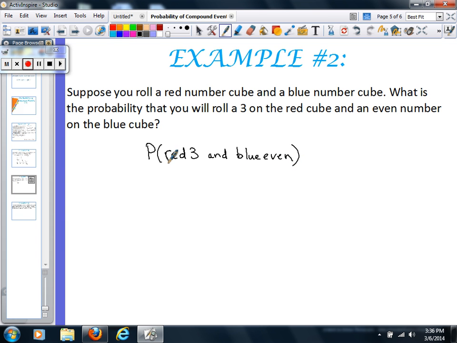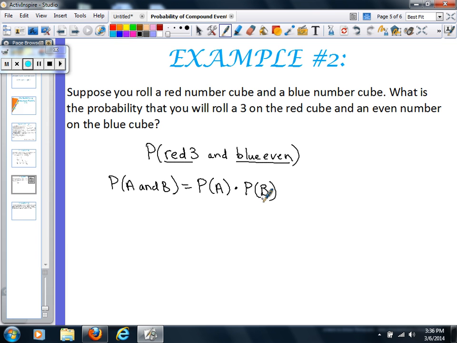So this is what I'm looking for. I'm looking to get a red 3 and I'm looking to get blue even, all right? Because of this, because they're independent, that means the probability of A and B is going to equal the probability of A times the probability of B.